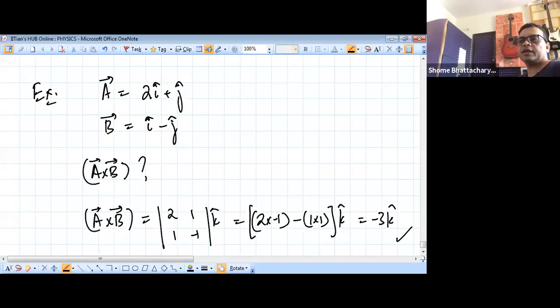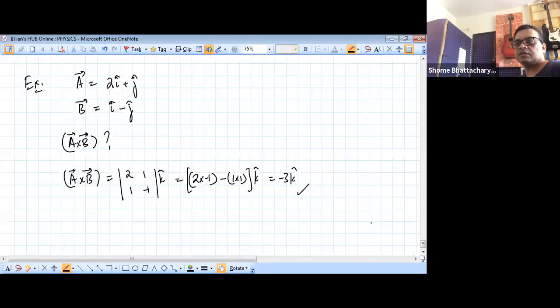So it becomes very easy to calculate A cross B using this method when we have two-dimensional vectors. Okay. The earlier example we had seen, you remember, was A was 2i cap, B was i cap plus root 3 j cap. So let's just verify this method.